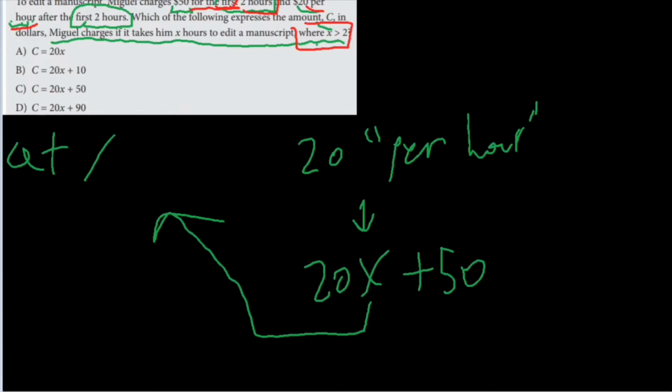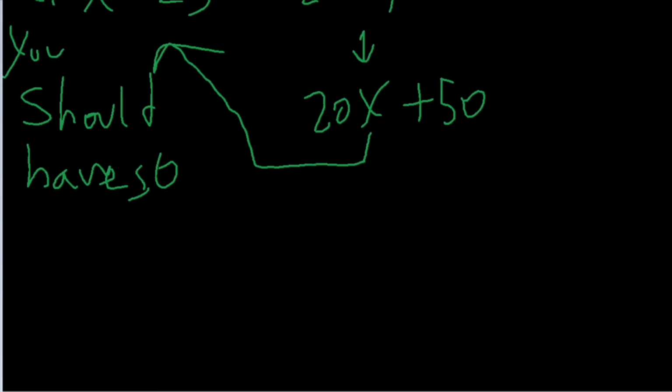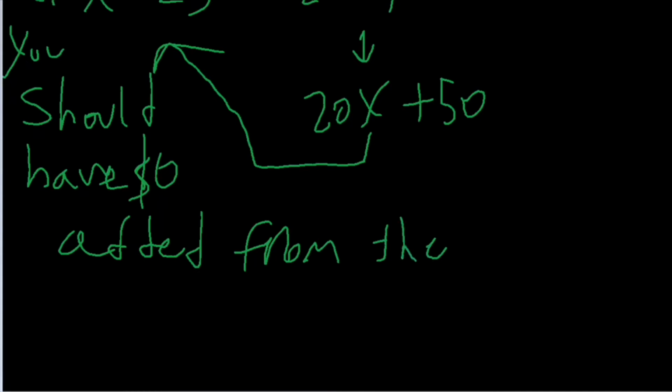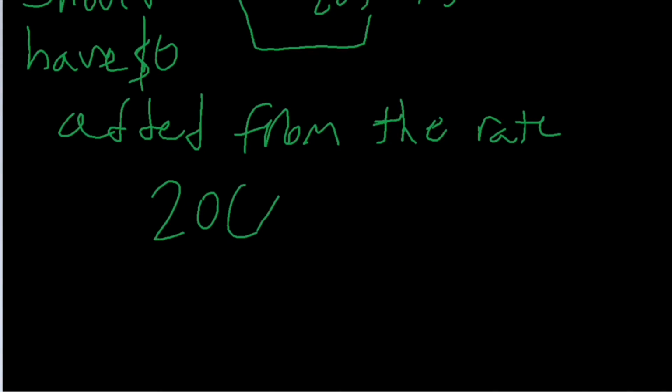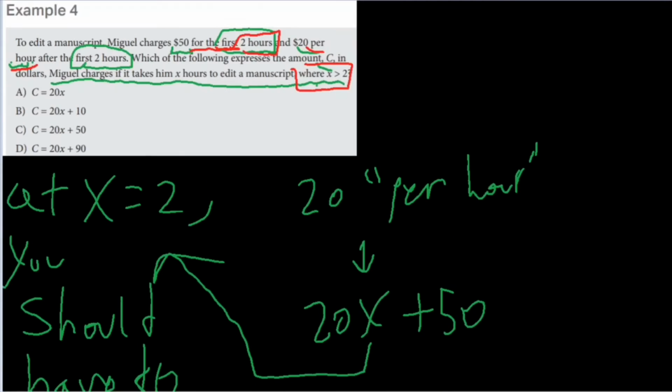But from here, this is kind of wrong, because for the first 2 hours, at x equals 2, you should have 0 put in from the hourly pay, because he doesn't get paid hourly until after 2 hours. So when x is equal to 2, the 20 slope part should equal 0. We can do that by saying 20 parentheses x minus 2, because when you plug in 2, you get 0.